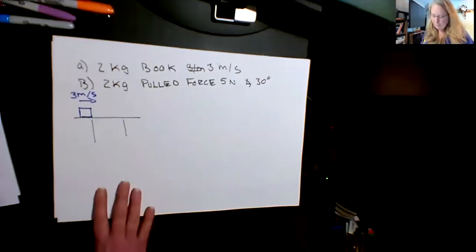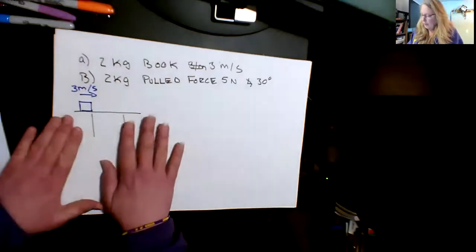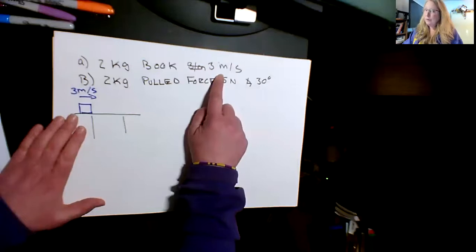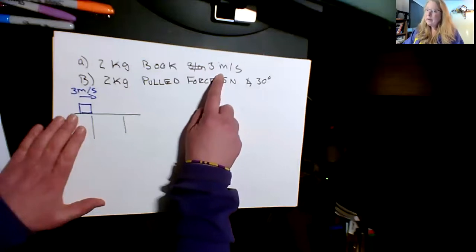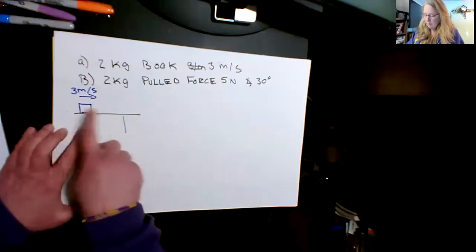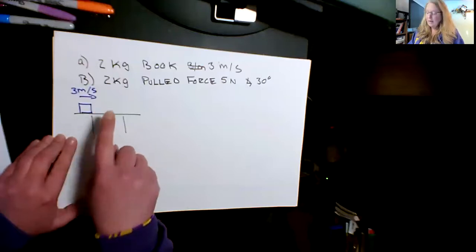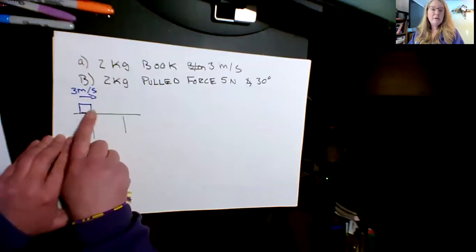Okay. So I'm told that it's moving at 3 meters per second, and that's all I'm told. I'm not told that it's speeding up or slowing down. So that means in terms of forces going in this direction, they're equal and opposite. I can't say that there isn't a force acting on it.